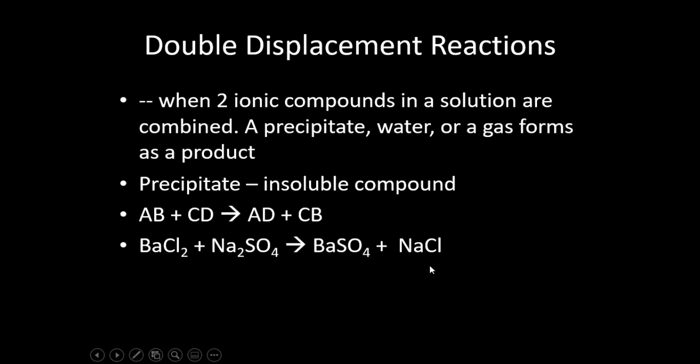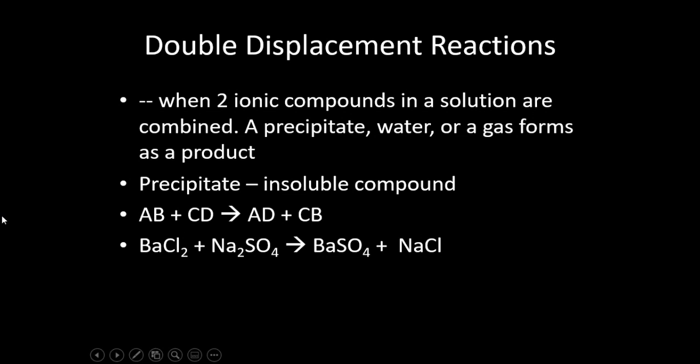You can also think of it as the back half of those compounds are also switching. It's usually the front part of the compound, since it's an ionic compound where you see double displacement. The front part of the compound is going to be a metal. So barium's a metal, sodium's a metal. The second half of the compound is going to be a nonmetal or a polyatomic ion.